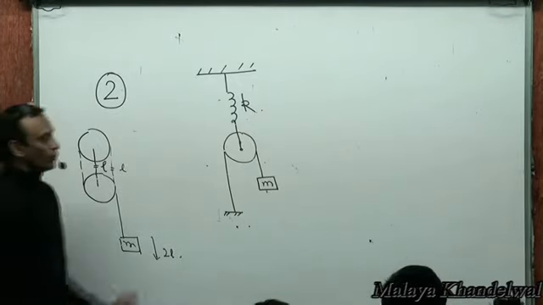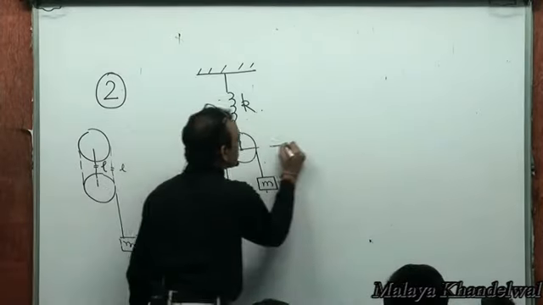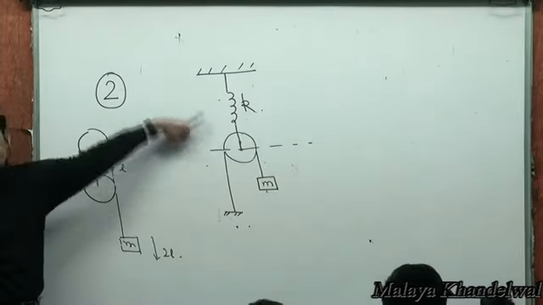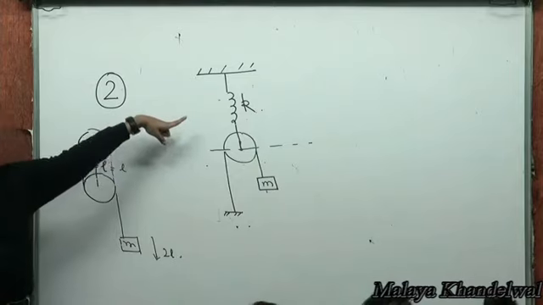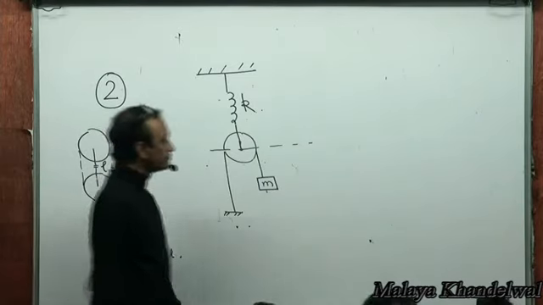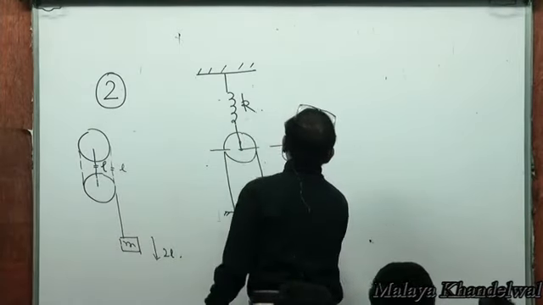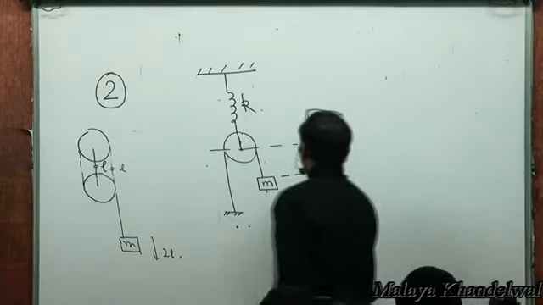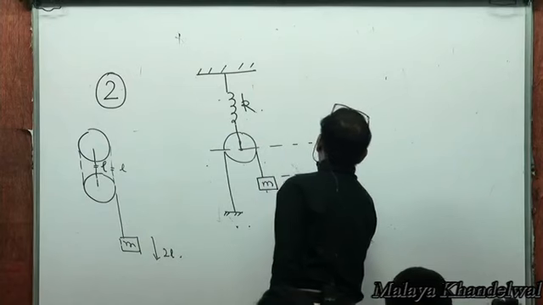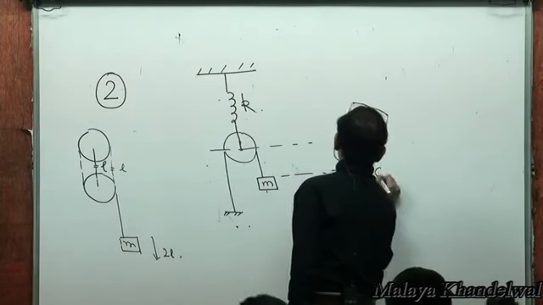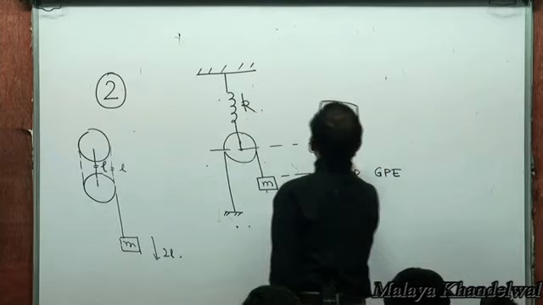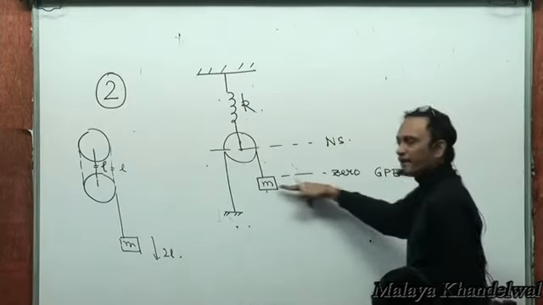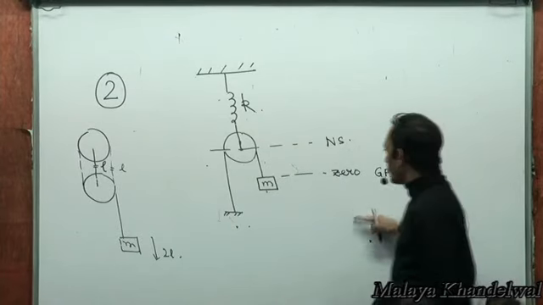Now, suppose this is the state of things where the spring is in its natural state. Imagine that this is 0 GPE of the mass. This is the natural, unstretched state of the spring, and this is 0 of gravitational potential energy of the mass, right?